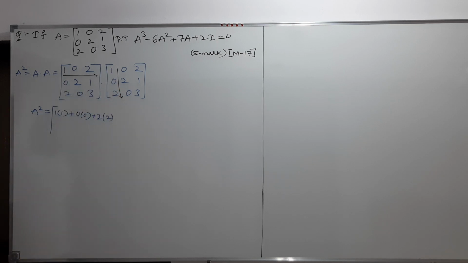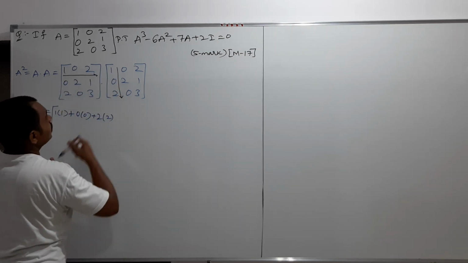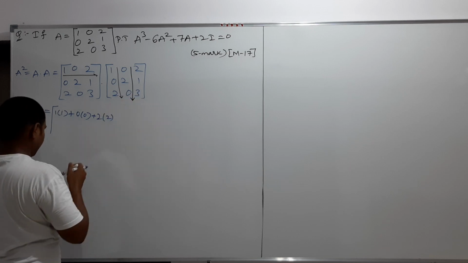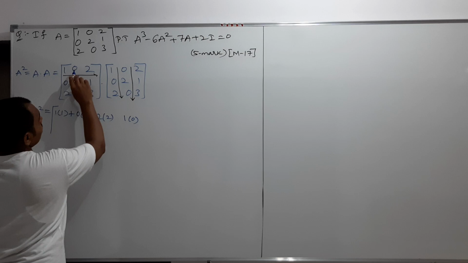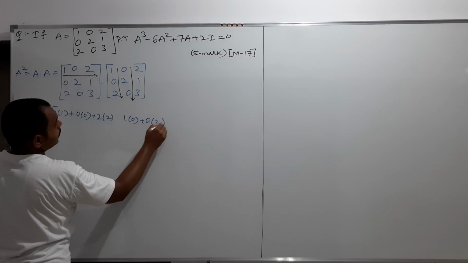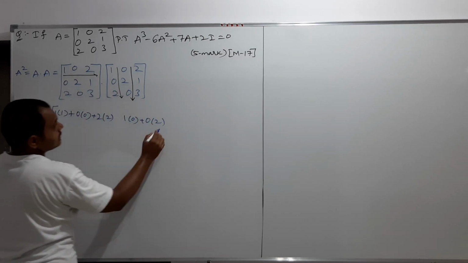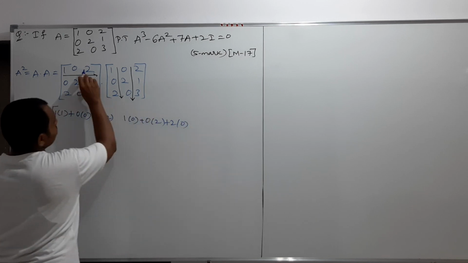Next, first row, second column: 1 into 0 plus 0 into 2 plus 2 into 0.